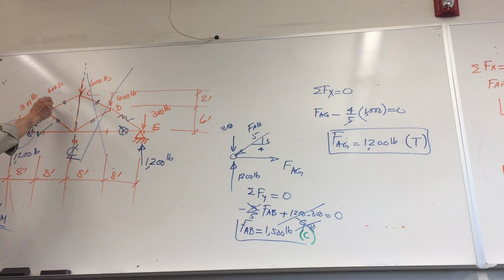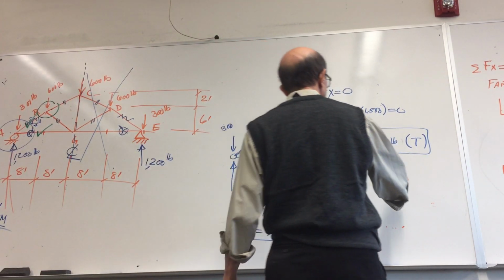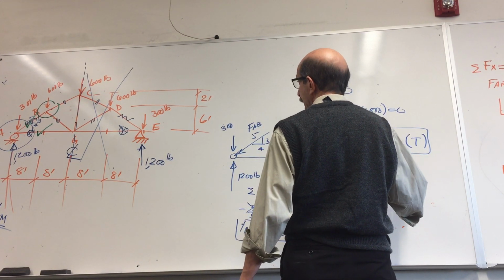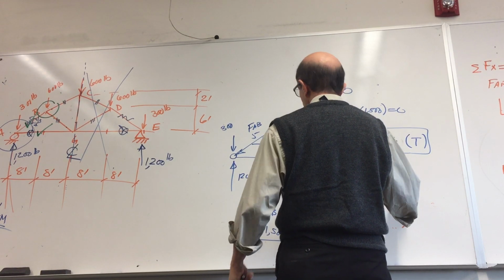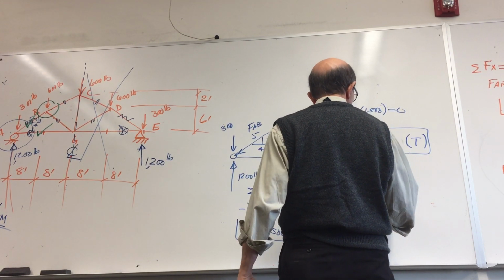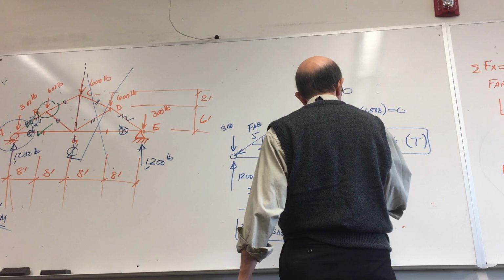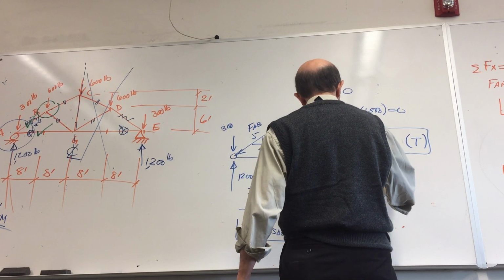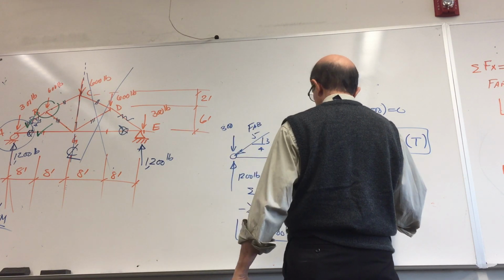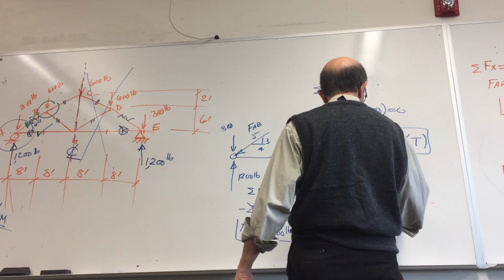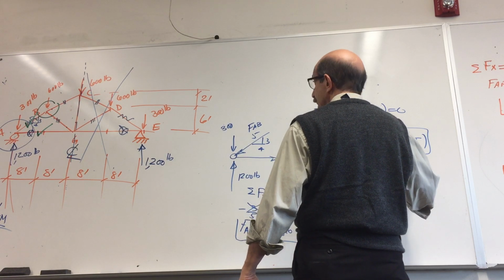So I'm going to use this one because I have 1, 2 unknowns, and it's easier to find. So let's look at joint B. You have the force of AB, which we found, and that one was compressive. So this is force AB, which is 1,500, and this one was 345. So that is joint B.